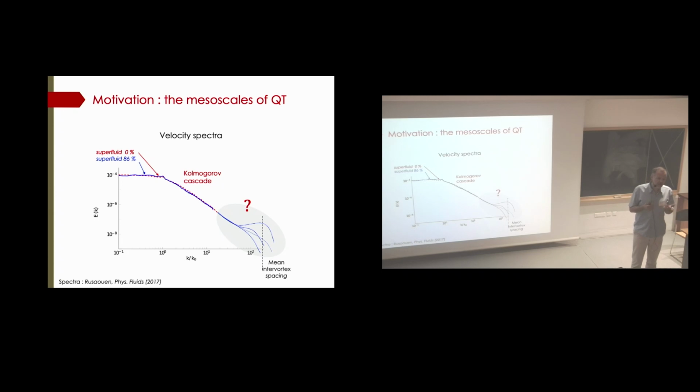And this is delicate because it involves pinning, it involves boundary layers, and this physics is not well known. So another approach, rather than making a probe which is in this region, is to make a probe which is larger, but which will somehow integrate what is happening at smaller scales. And this is the path that we have followed.